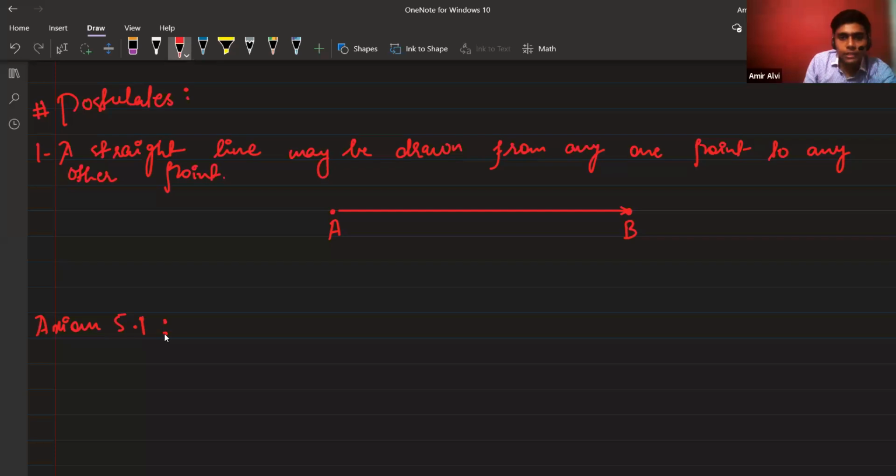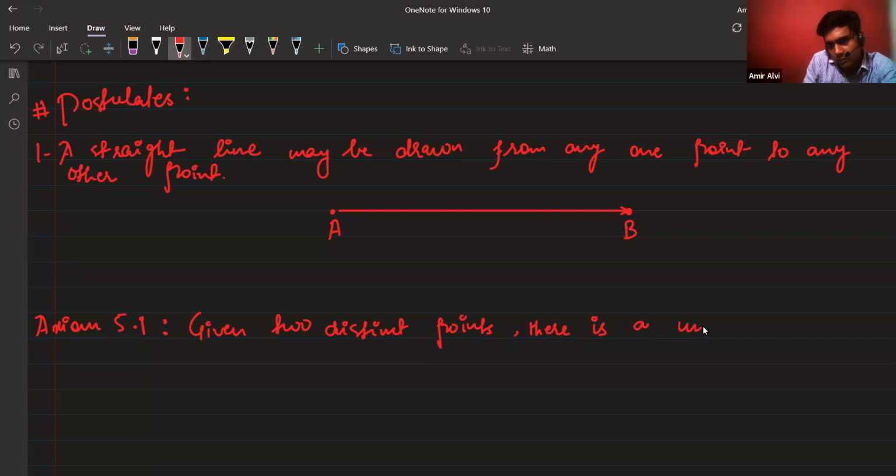It's saying that given 2 distinct points, there is a unique line that passes through them.